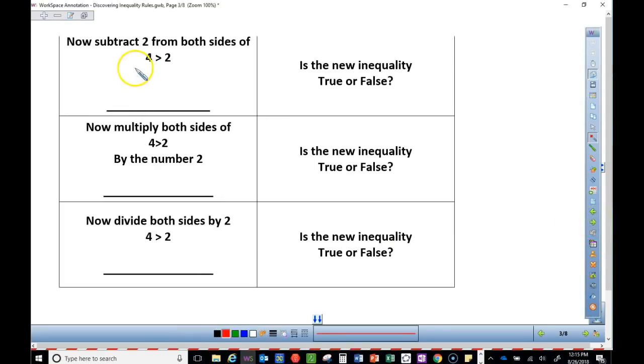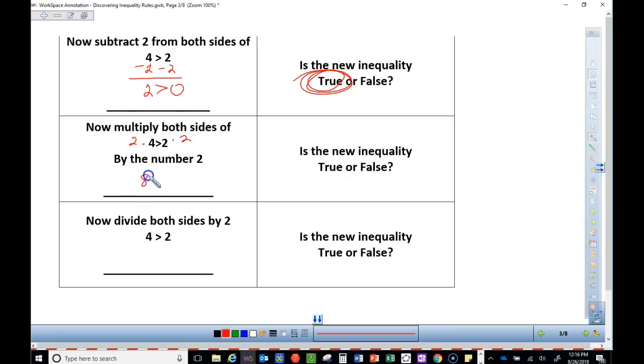Now we could minus 2 from both sides. Let's see what happens. So we would get 2 is greater than 0. Still true. So we can subtract from both sides and it still stays true. Now let's multiply both sides, so times 2 and times 2.